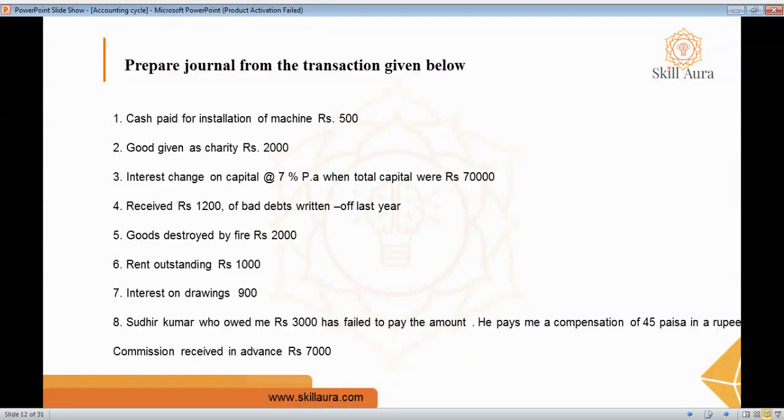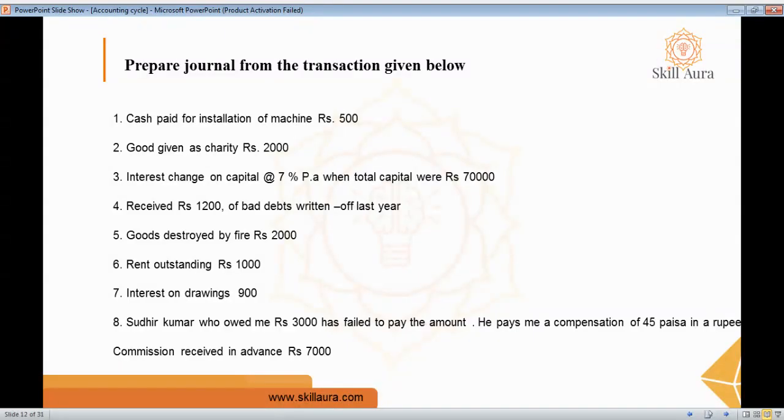The next one, the last one, is commission received in advance. Your commission will be received in advance through cash, 7000, and unearned revenue is commission through 7000.